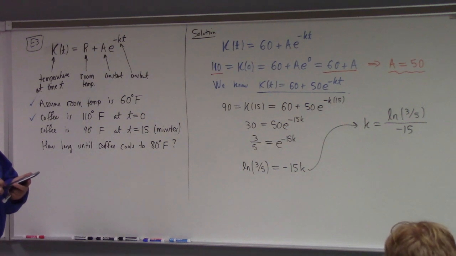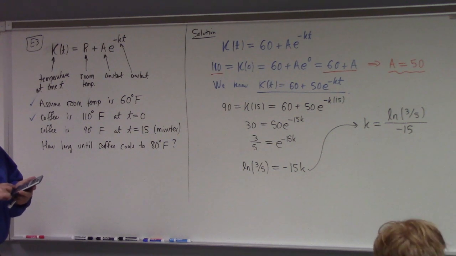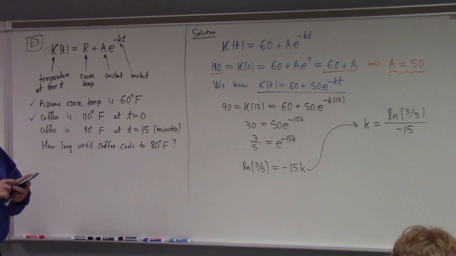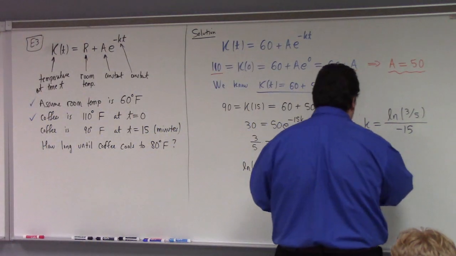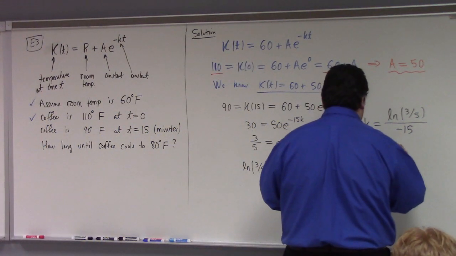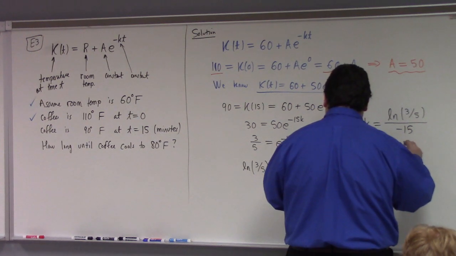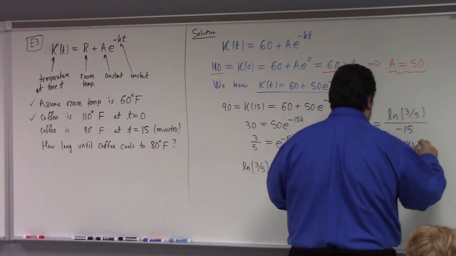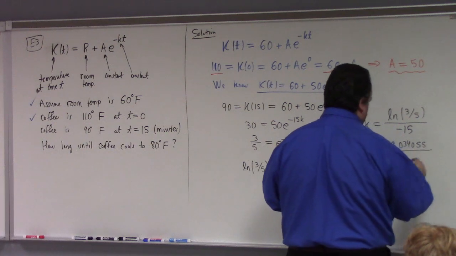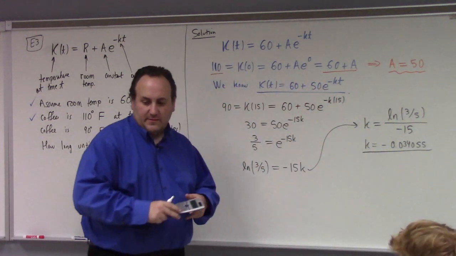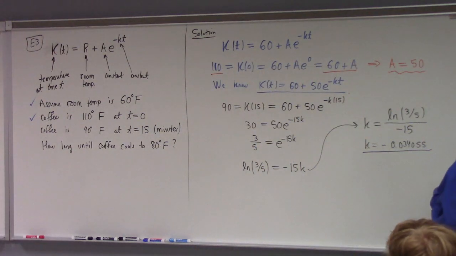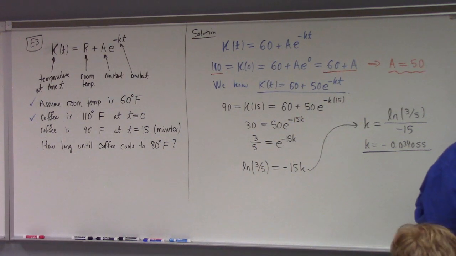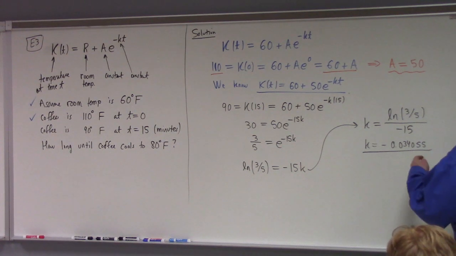So natural log of 3/5, I divide by 15. Oops, better divide. I was subtracting. That would be bad. Divide by 15. So my k is about minus 0.0340, and I'll go that far. All right? So what does this all mean? This means that we have now obtained the formula that the temperature at time t is equal to what?